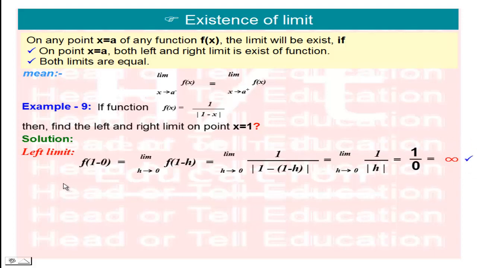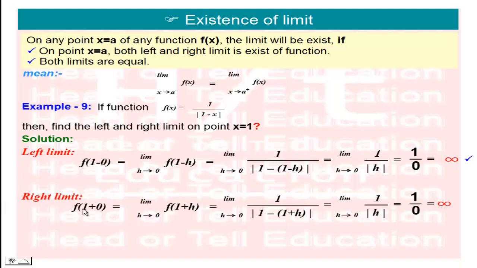Okay, now check the right limit. The right limit f(1 plus 0). The limit as h tends to 0, so f(1 plus 0) equals the limit as h tends to 0 of 1 divided by modulus of (1 minus (1 plus h)), which equals the limit as h tends to 0 of 1 divided by modulus h, which equals 1 upon 0, which equals infinity.